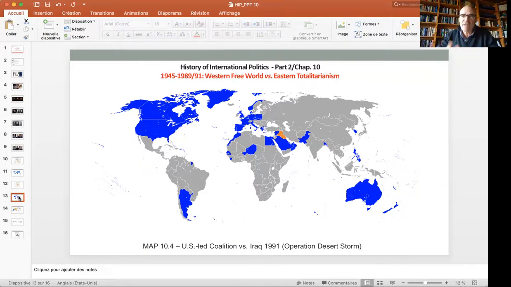So since the Americans were somehow forced, despite themselves, to abandon their worldwide order, what did they do? Well, they spread this order among their allies. That's to say, they established a regional, a Western liberal democratic world order.